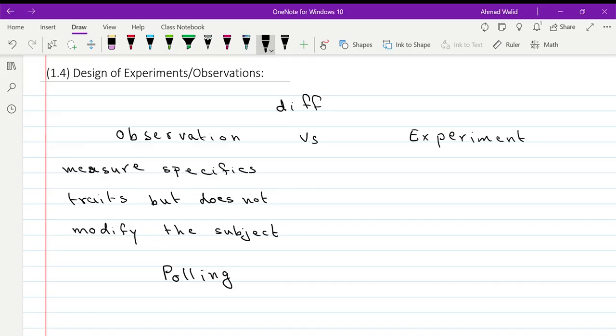What is the subject here? The subject is those candidates, correct? We are not changing their ideas first and then asking questions about them from the people. We didn't modify, correct? Or another good example, the worst time in the century that we had coronavirus, correct?